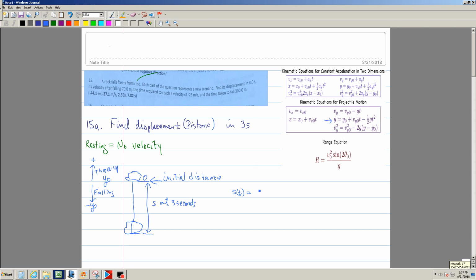So s of t equals s sub i, for initial, plus v sub i, the initial velocity, times t, and then negative 9.8 meters per second squared, there's a constant there, half t squared. This is the acceleration.